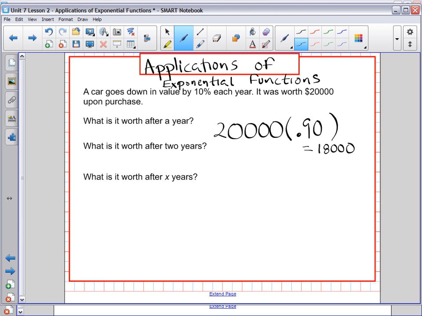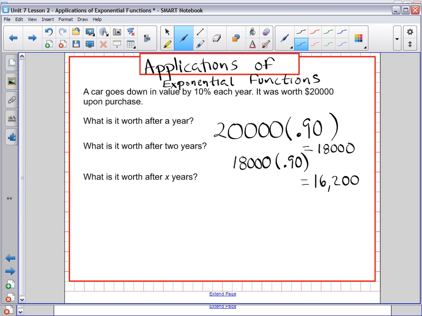So what we need to do is take the value of the car, which is now $18,000, and multiply that by 0.9 again. It's again going to be worth 90% of its value. That's going to give us $16,200 for its value.